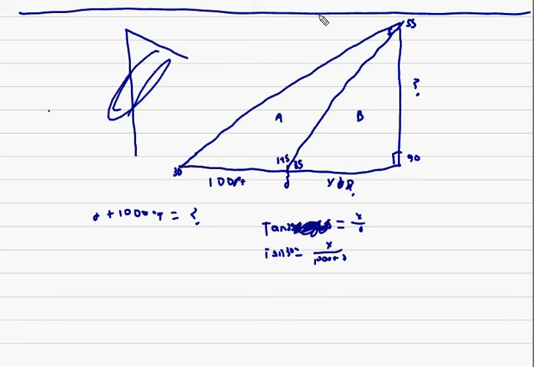Okay, so then we have the total distance is equal to X cotan of 35 degrees.